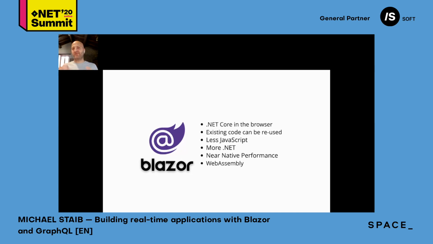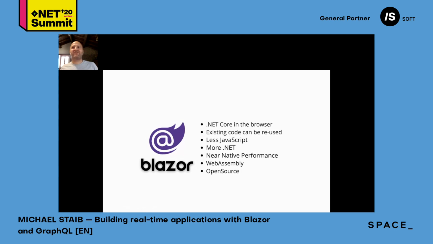So WebAssembly is an open standard that every modern browser implements, apart from Internet Explorer, which I don't consider a modern browser anymore. And all of Blazor is open source, like all of ASP.NET Core. You can head to Microsoft's repository, look at the code, and file issues, or even contribute new components.